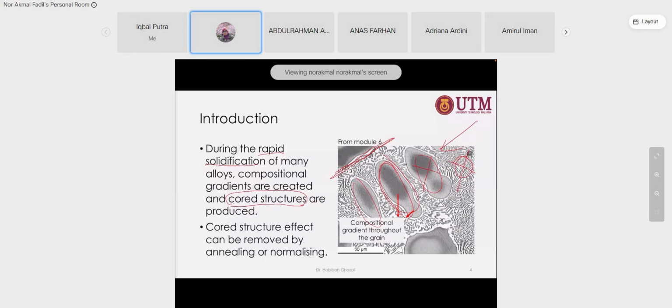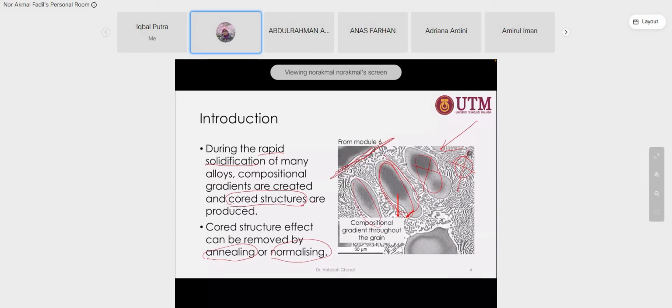So through the heat treatment process, it can be annealing, it can be normalizing, where during this process, the cored structure can be eliminated by homogenizing the cast alloy. Okay, we make it homogenized for a very long time at a high temperature, just below the melting temperature of the lowest melting phases in the alloy.